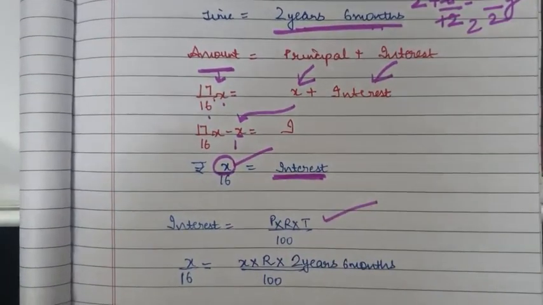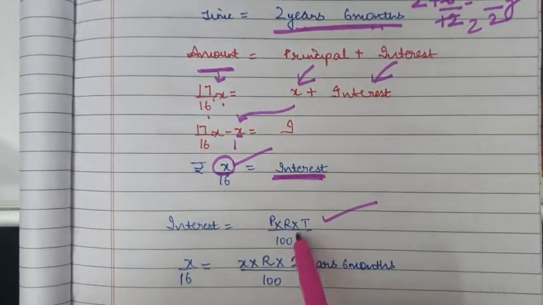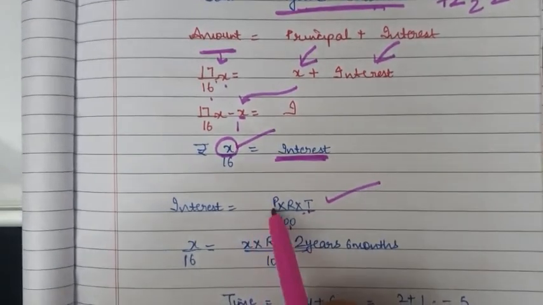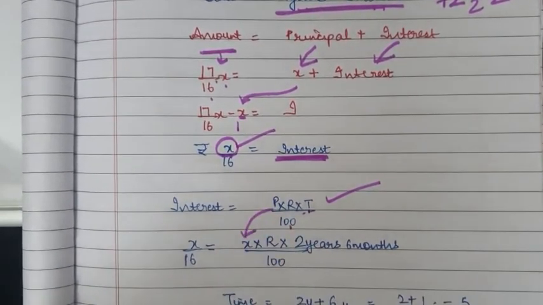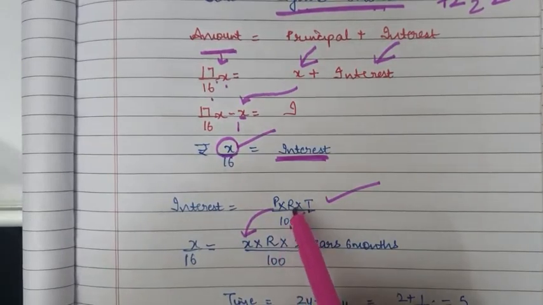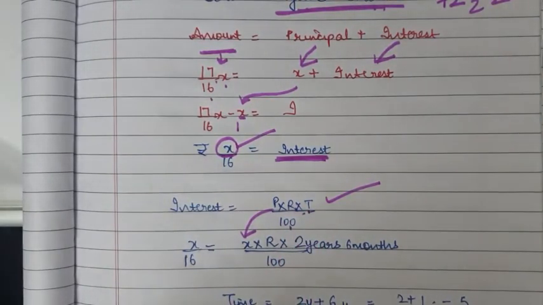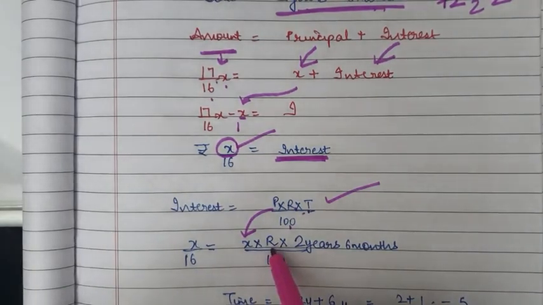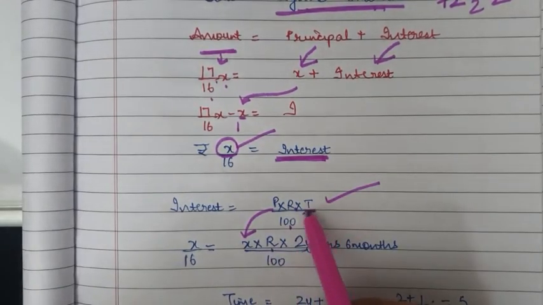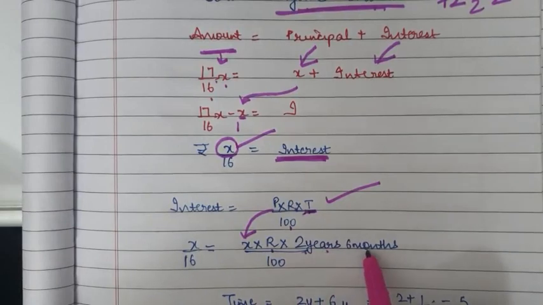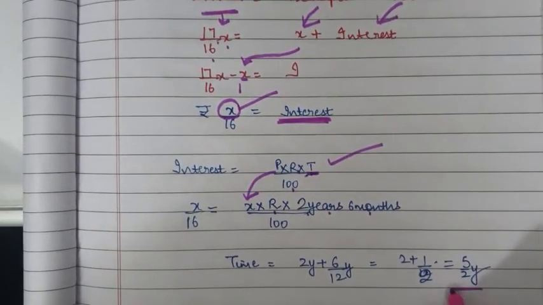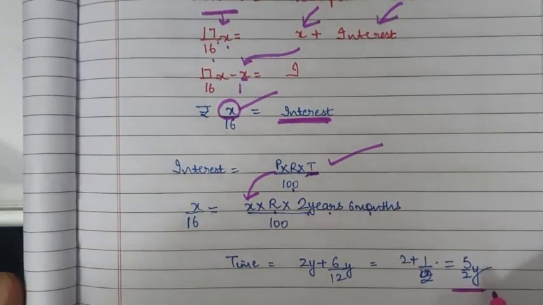That is P, that is principal into rate of interest into time upon 100. Now what is principal? That is x. What is R, rate of interest? That we have to find out, so let it be R only. What is time? 2 years, 6 months, which we have already converted, that is 5 by 2 years.